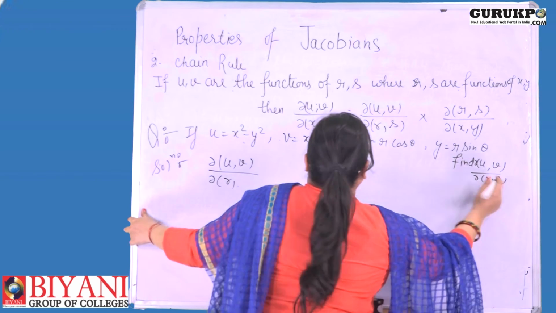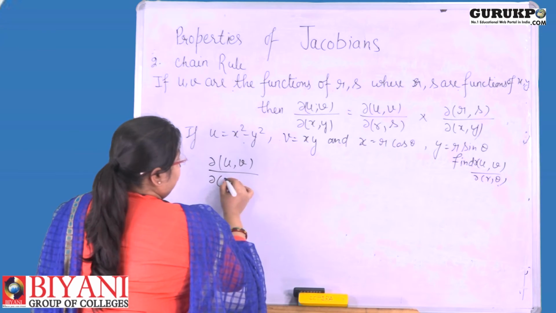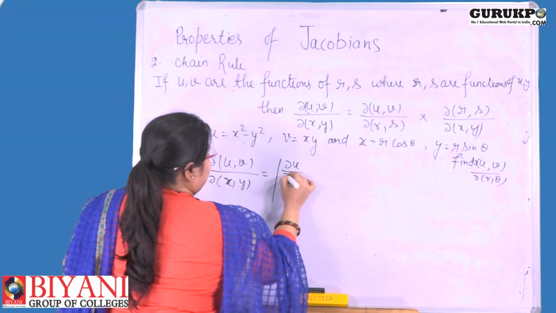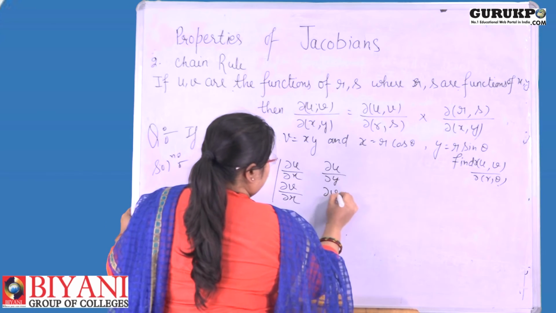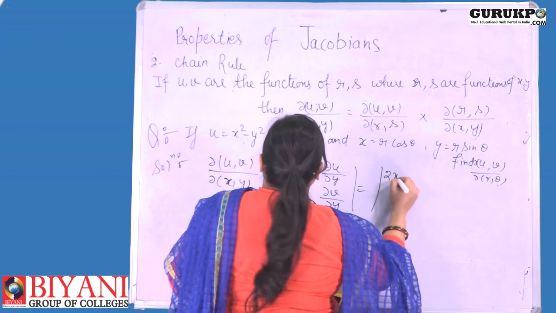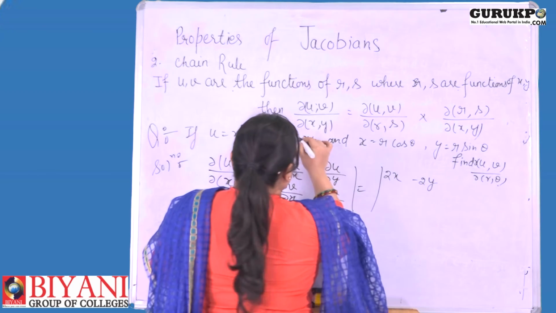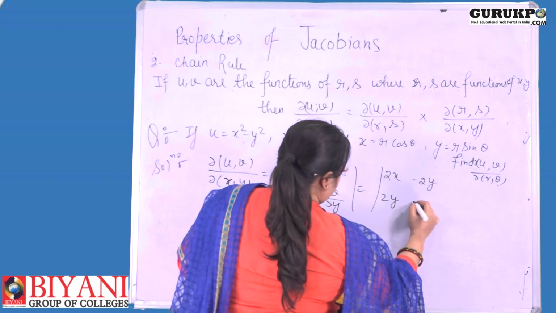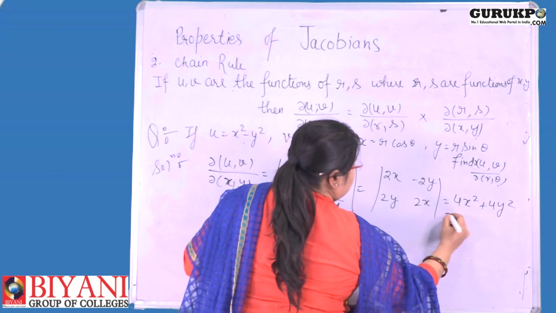Because u is given in the form of x, y, we will find del u upon del x, del u upon del y, del v upon del x, del v upon del y. On differentiating u with respect to x, this is 2x, u with respect to y is minus 2y, v with respect to x is 2y, and with respect to y is 2x. So this gives 4x square plus 4y square, that is 4r square.